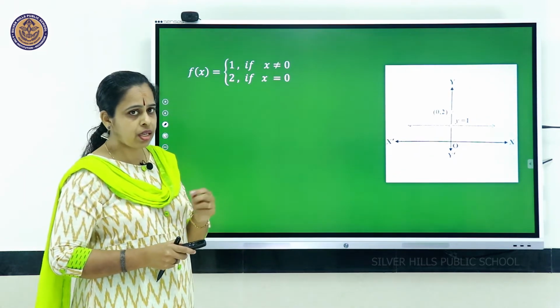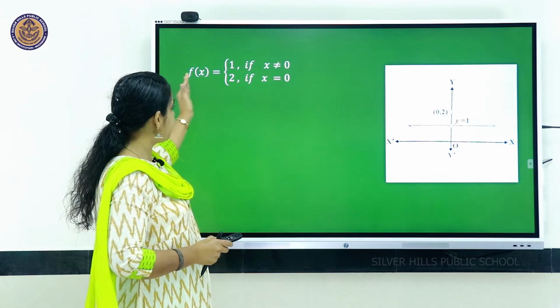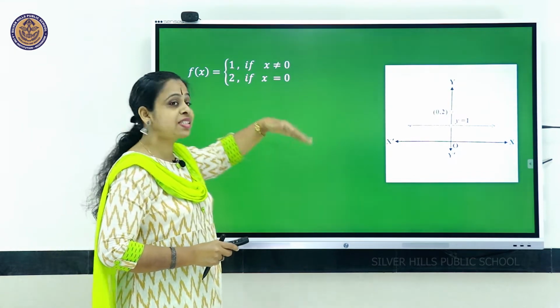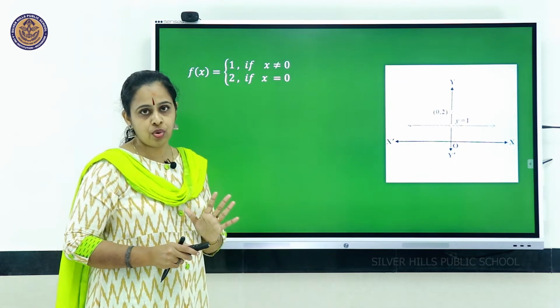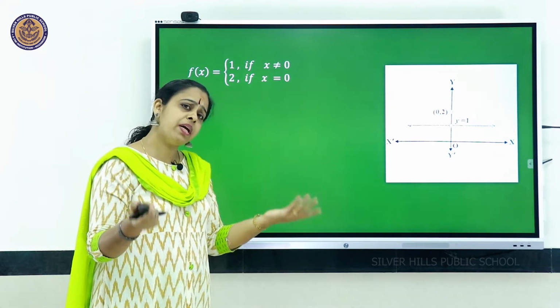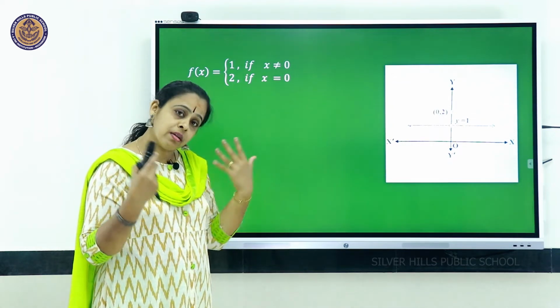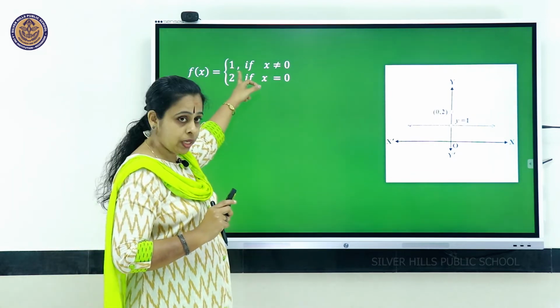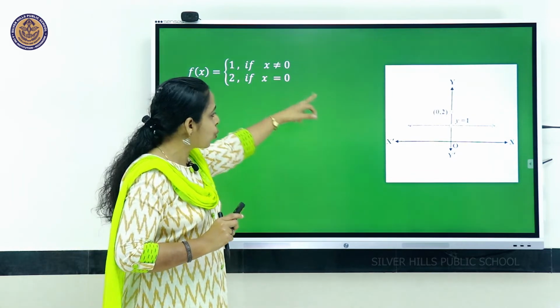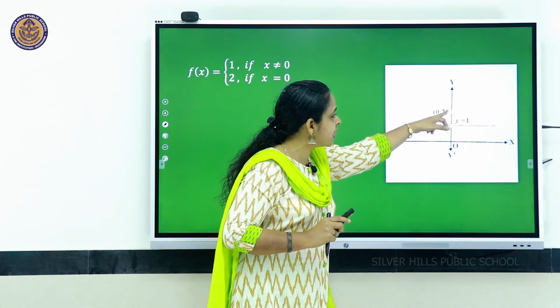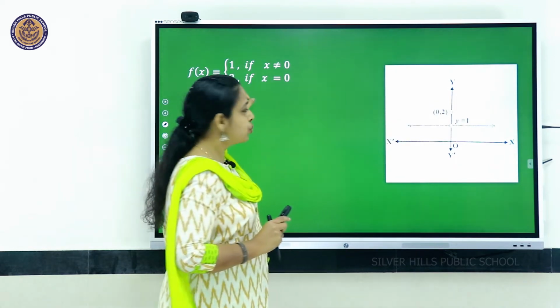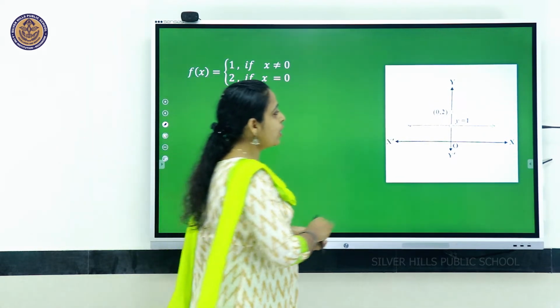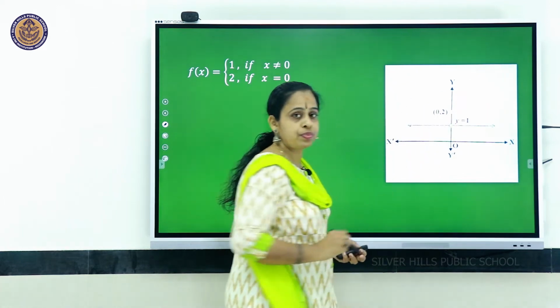A similar function, with a little bit of difference. f of x equal to 1 if x not equal to 0. That means, let it be greater or less than 0, then also the value is 1, and at 0 it is taking the value 2. When x equal to 0, it is taking the value 2.